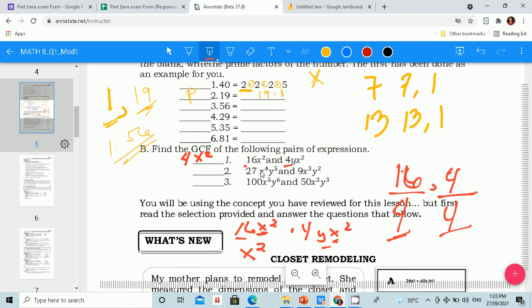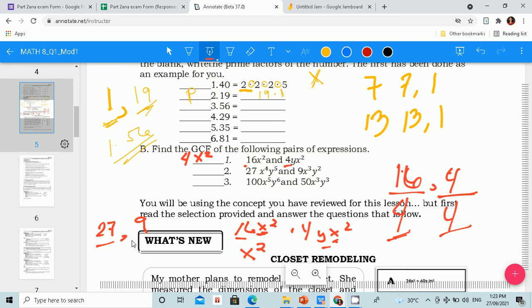27x to the 4th and y to the 5th, and 9x cubed and y squared. So what is the common of 27 and 9? What number can be used to divide 27 and also 9? They are the same, right?